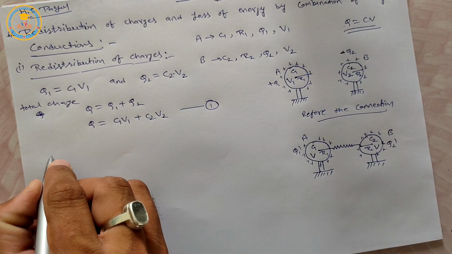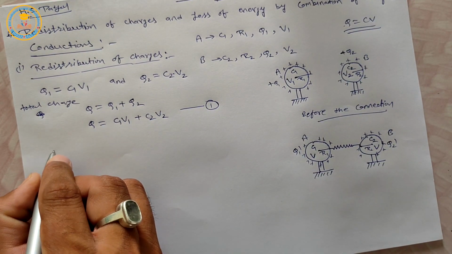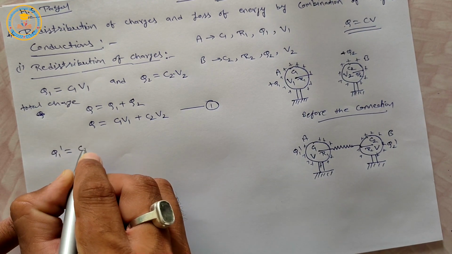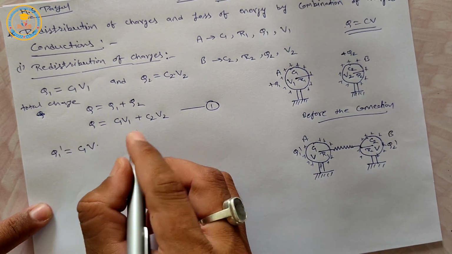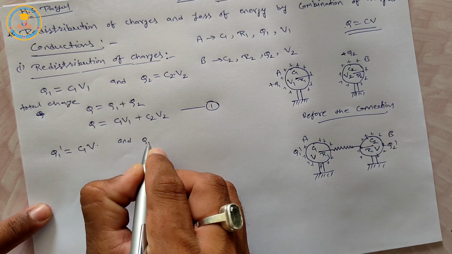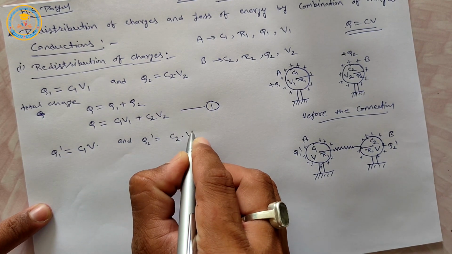In this condition, the charge on conductor A, q1 dash, is equal to C1 into V and q2 dash is equal to C2 into V.